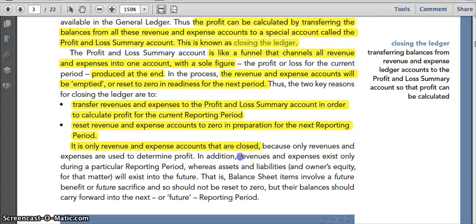Revenues and expenses only exist during a particular reporting period, whereas assets and liabilities will exist into the future. So the balance sheet involves future benefit or future sacrifice and should not be reset to zero. Their balances need to carry forward into the next reporting period.